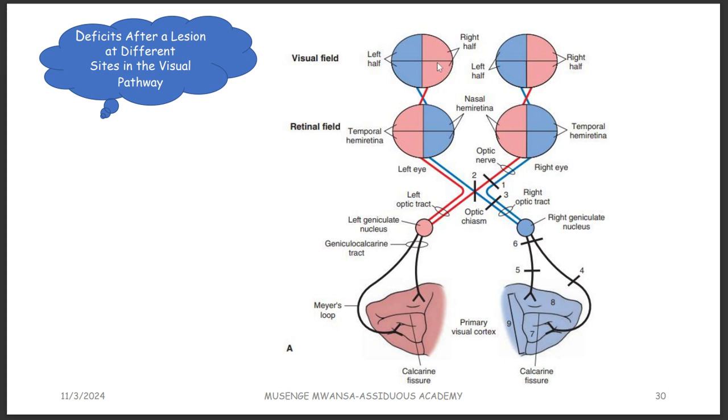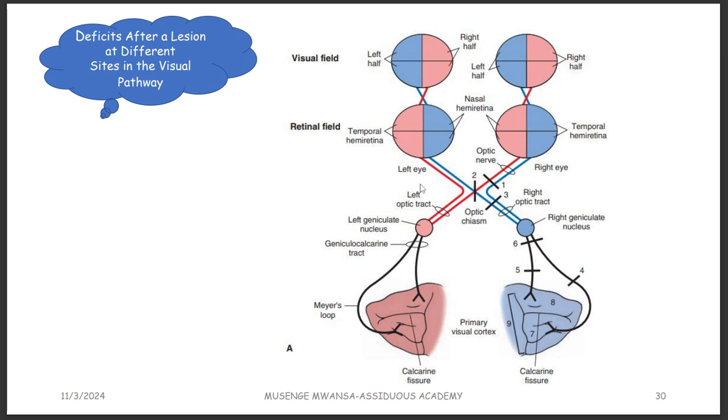So that is the nasal visual field. It's different from the nasal hemiretina. So the nasal visual field of the left visual field is going to go to the temporal hemiretina. And you can see now information is going to be taken like that.